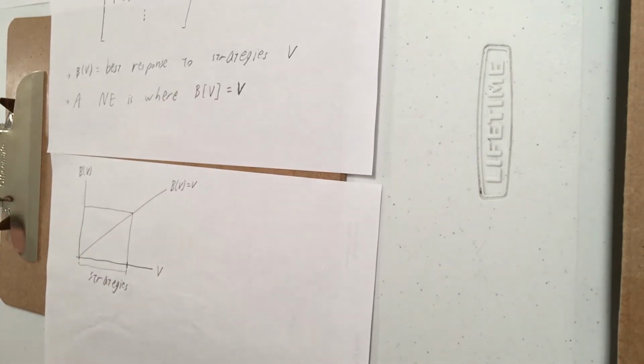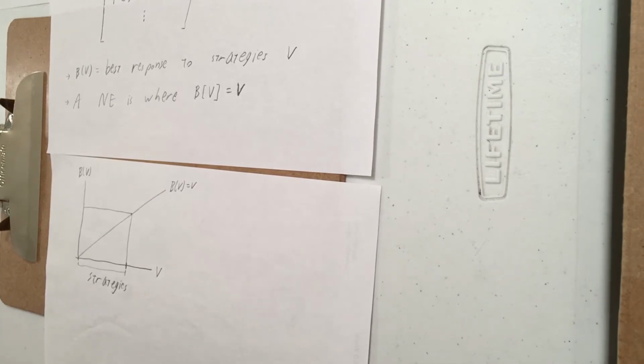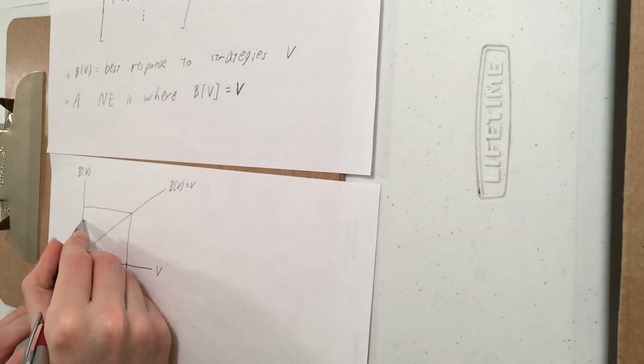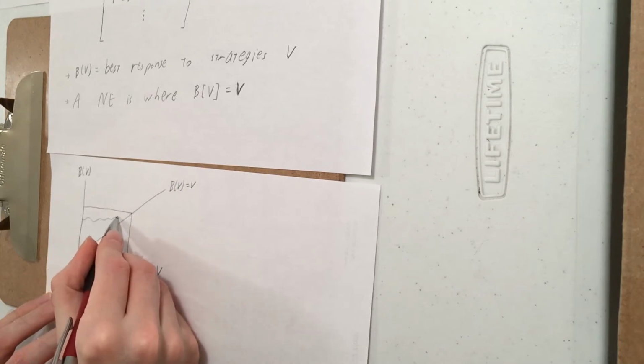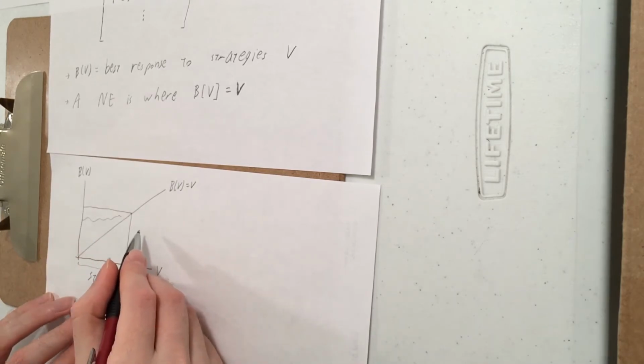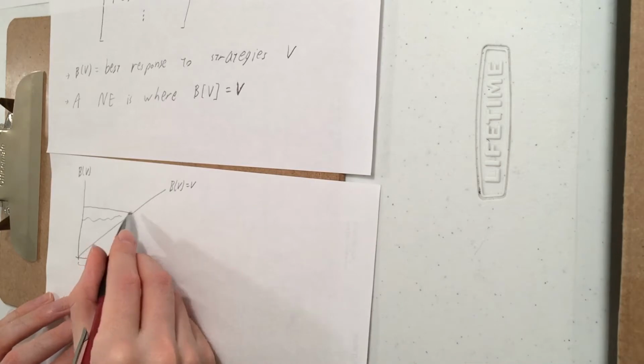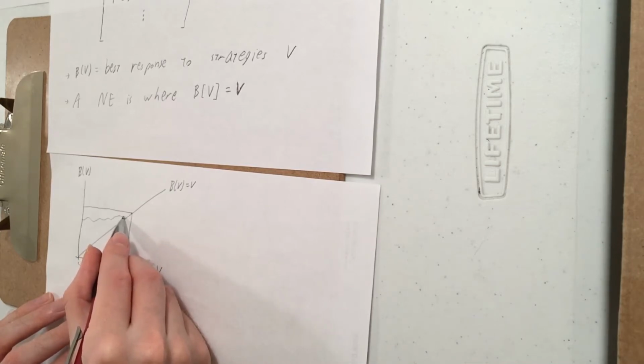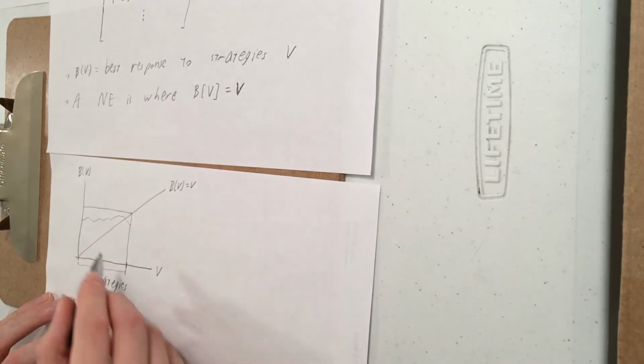So what could B of V look like? Well, there's a lot of possibilities. It depends upon how the game is set up. But it turns out that no matter how I draw a line here, at some point that line's going to have to cross this. So I start over here, eventually got to cross over.